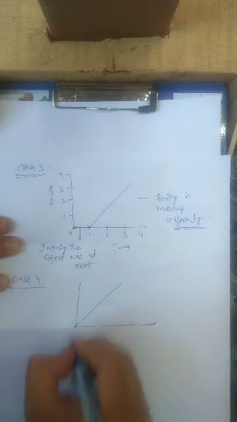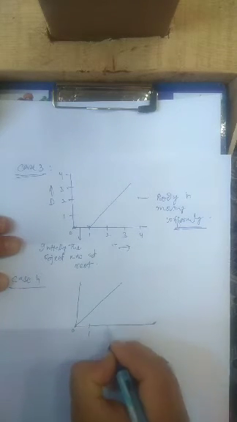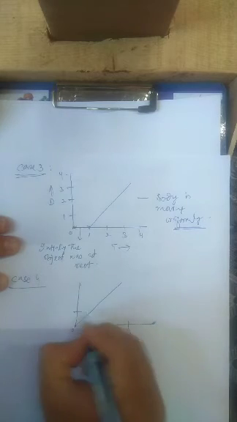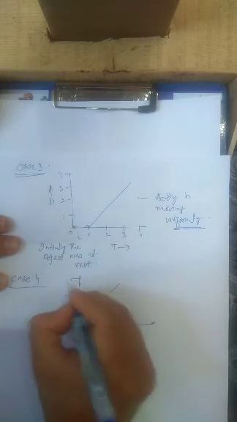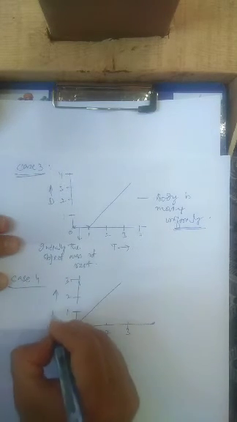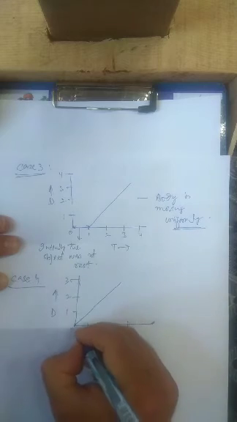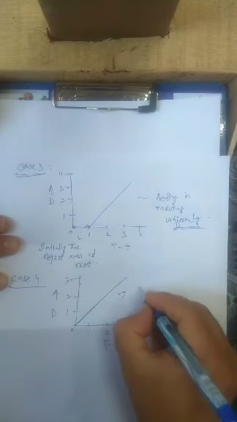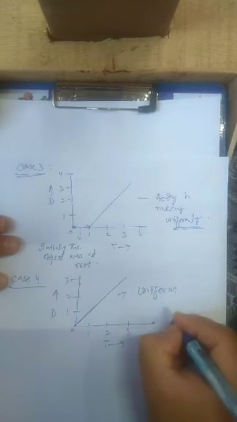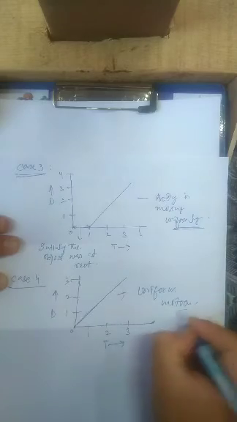Now case 4, this type of graph is given. I have already told you, which type of motion is this? With distance and time, and then a straight line comes. This is a uniform motion.